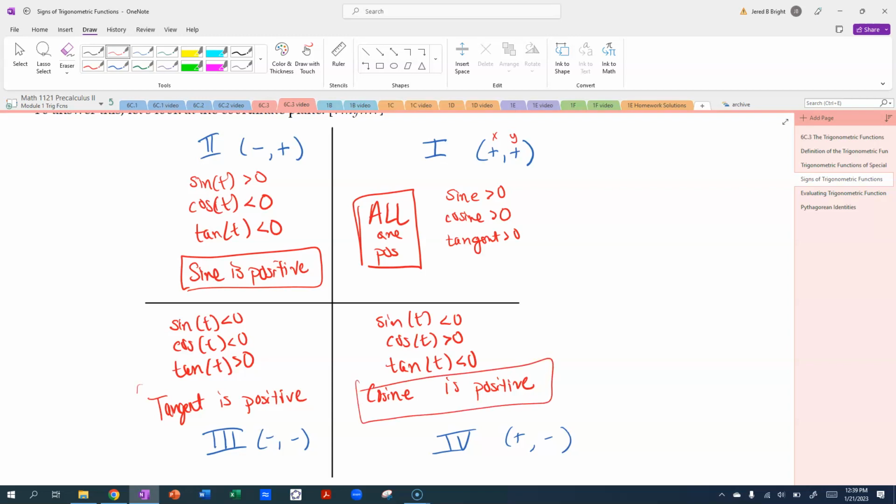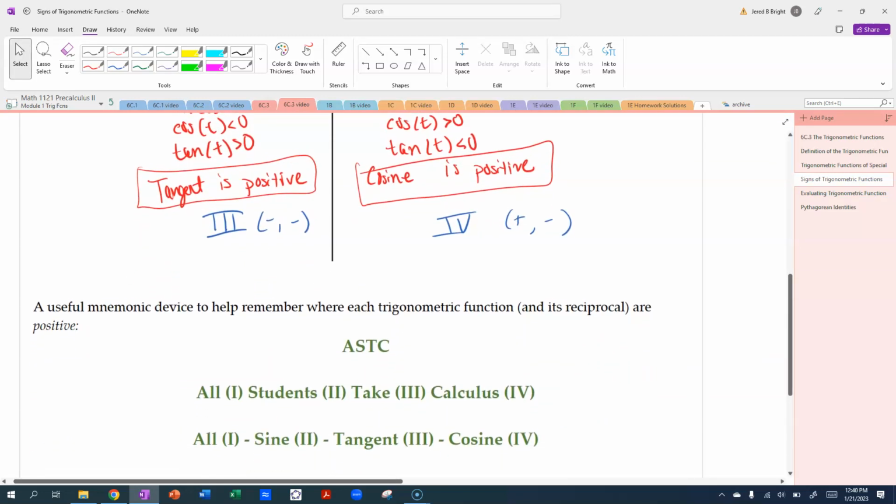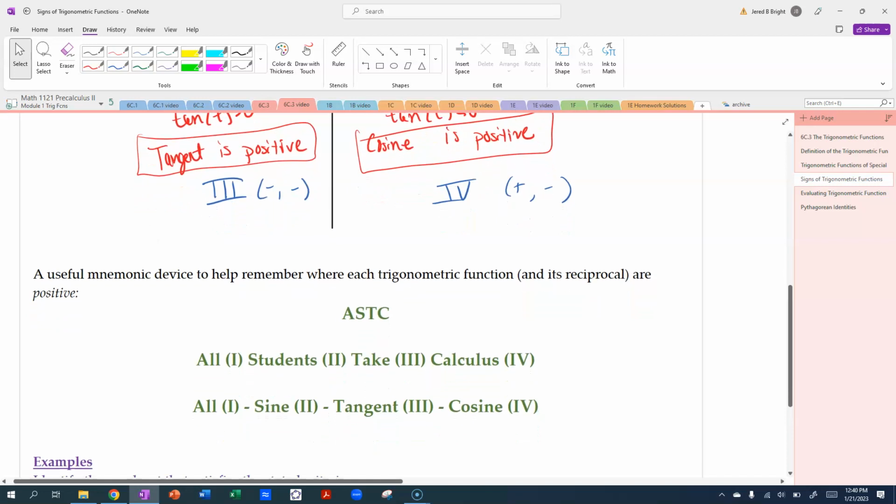For me, I remember mainly where the different trig functions are positive, and notice that we have all, sine, tangent, and cosine. There's a little acronym that I remember, ASTC, that helps me remember where the different trig functions are positive. The mnemonic that goes along with that is All Students Take Calculus.